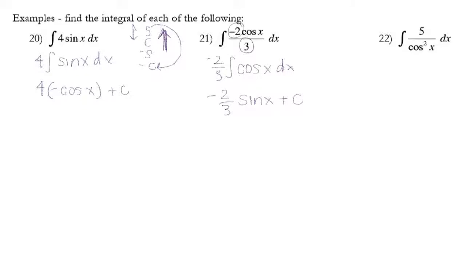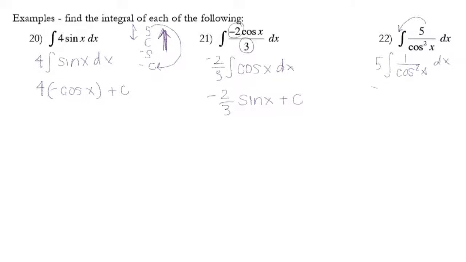Okay, moving on to the next one. Now, oh my, cosine squared. We don't know much about that, but we do know 1 over cosine squared. So let's move that 5 out, and that's going to give me 1 over cosine squared x dx.